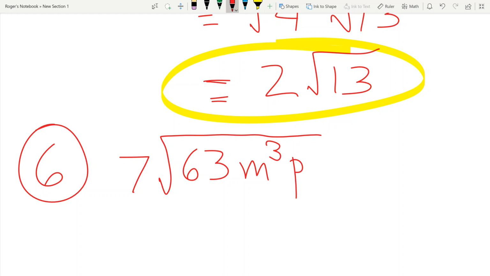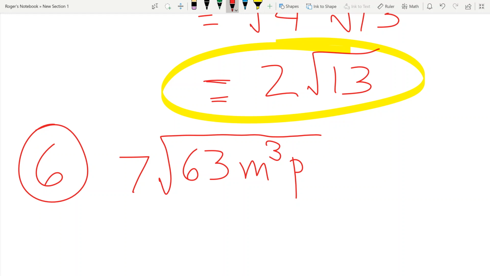All right, well, 63. What are the factors of 63? Does it have any that have nice clean square roots? Well, as a matter of fact, 63 is 9 times 7. 7 times 9, 63.